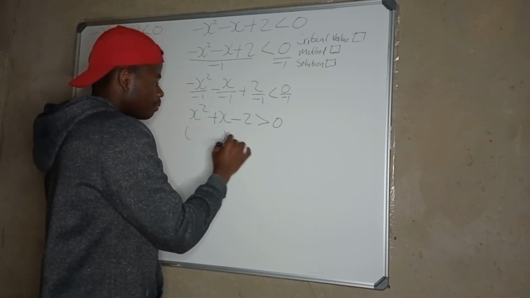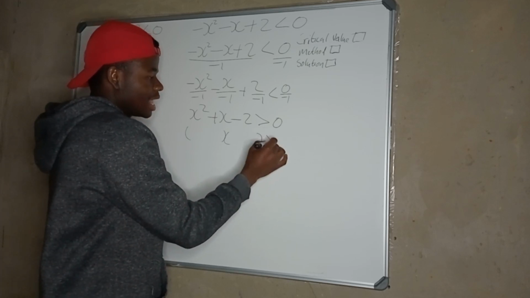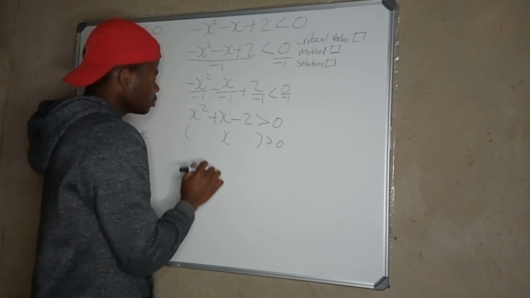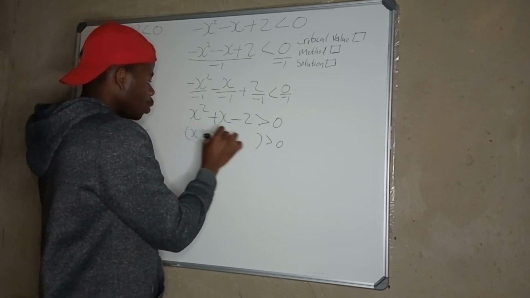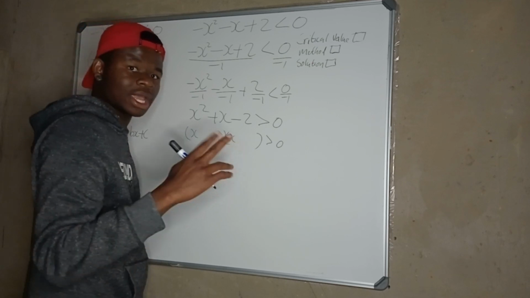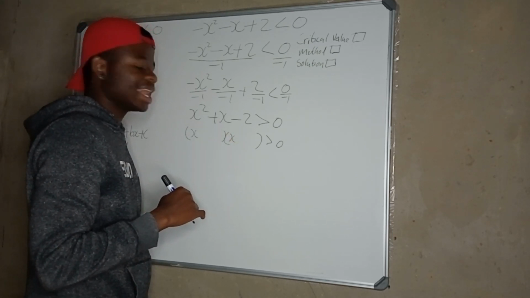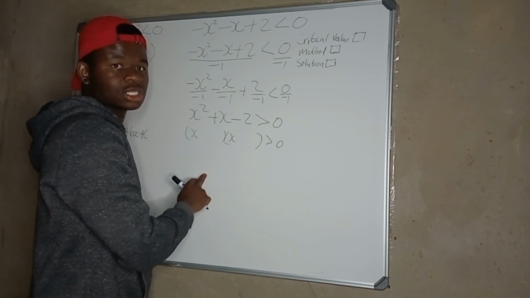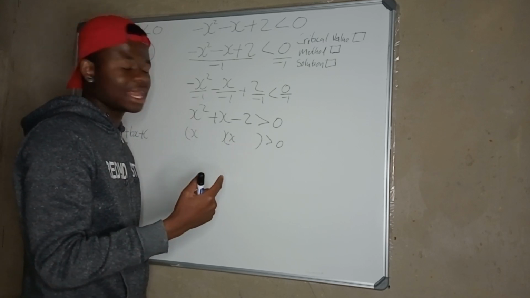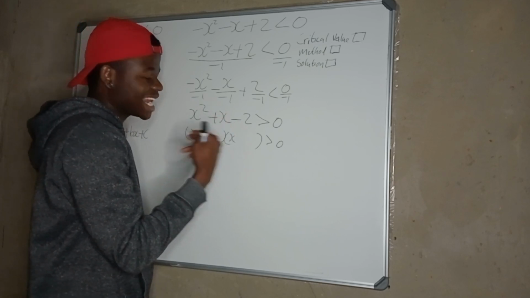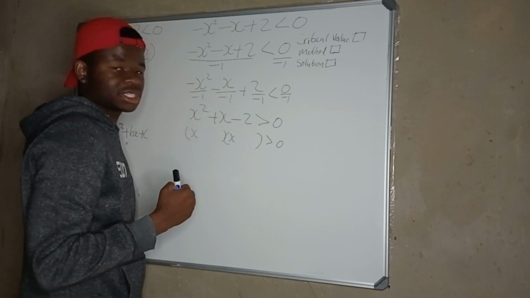Open up two brackets, greater than 0. And then I'm going to put my two x's, because of same base we add the exponents. Then we look for the factors: which numbers, when I multiply them, give me negative 2, and when I add them, give me positive 1.